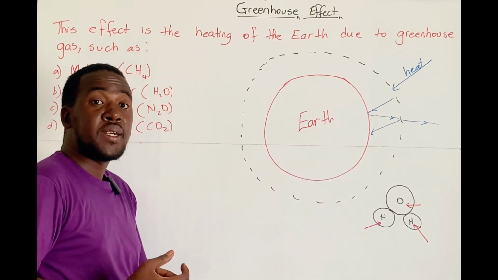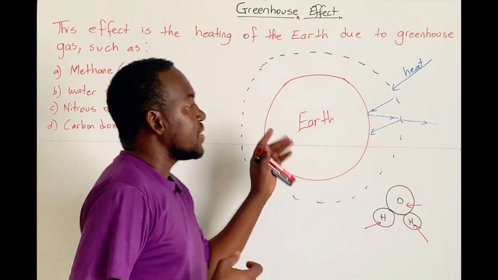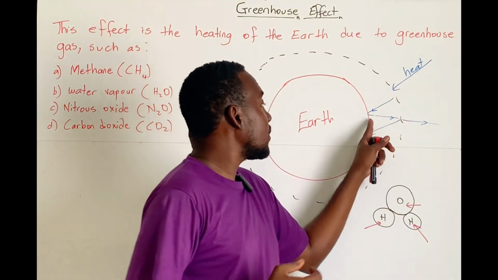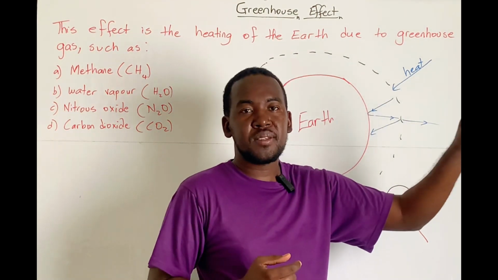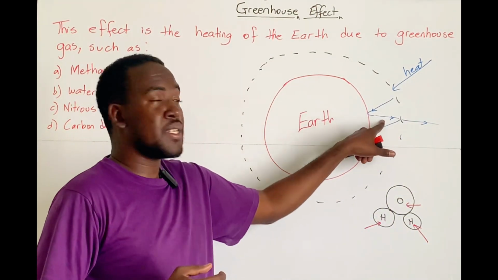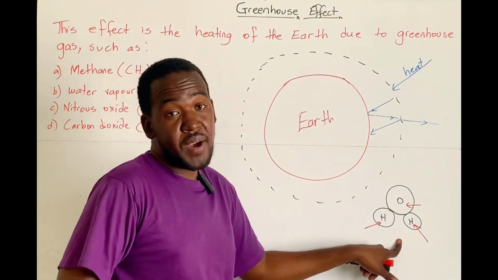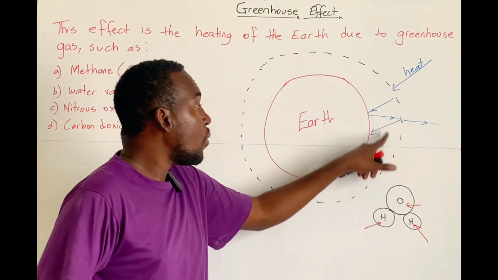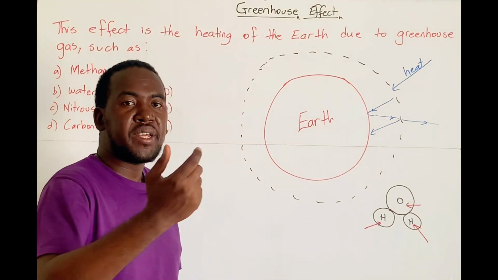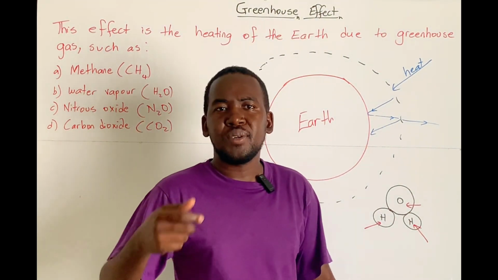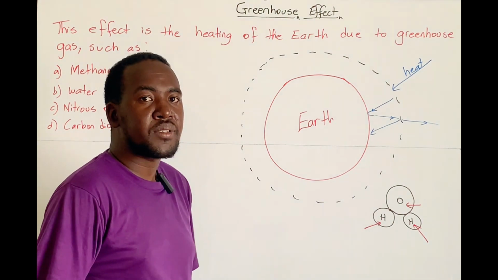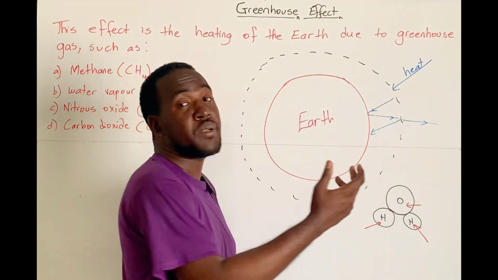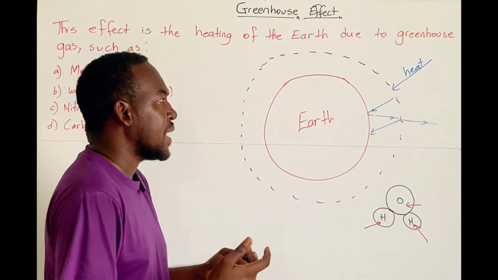And therefore, instead of these reflected rays going back out into space, the gases absorb the heat. Either they vibrate and release the heat back into the Earth's atmosphere, or electrons jump to a higher energy level, and when they come back down, they release infrared radiation back into Earth's atmosphere.